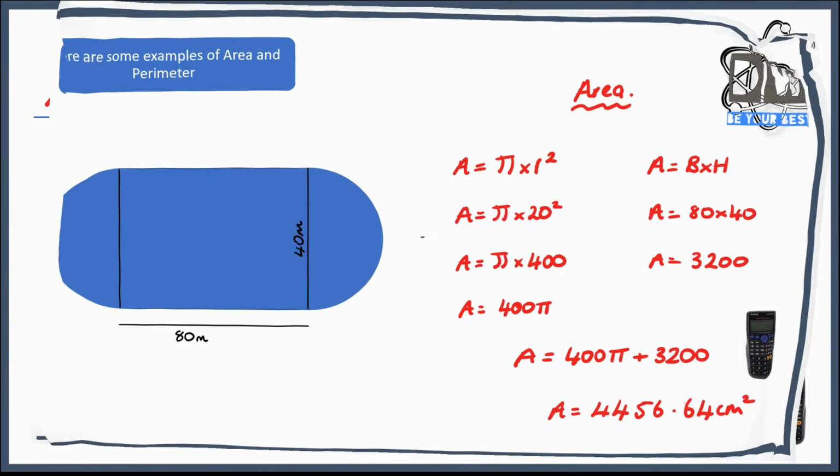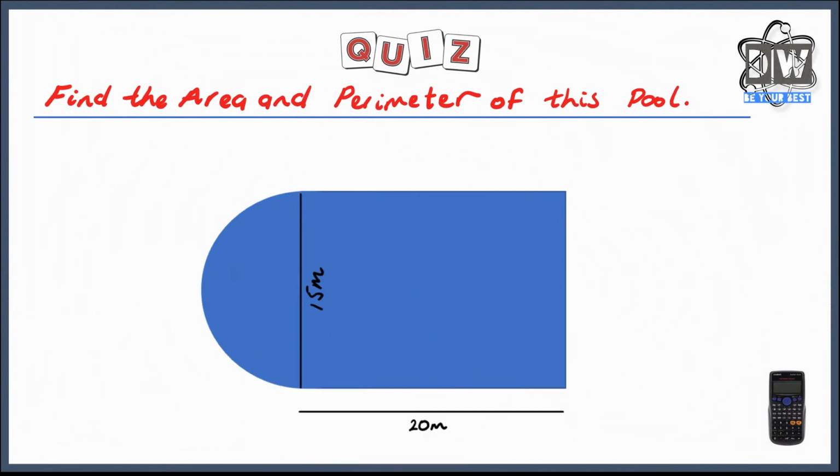All right, so now it's time for you guys to give it a go on this one. Just acknowledge here that we're finding the area and perimeter of this pool. It's a lovely pool. It's the pool I had in the villa in Spain we stayed in. So very simply, you have to find out the perimeter of the shape and the area of the shape. Now, one thing to remember, you do not have the additional circle here.